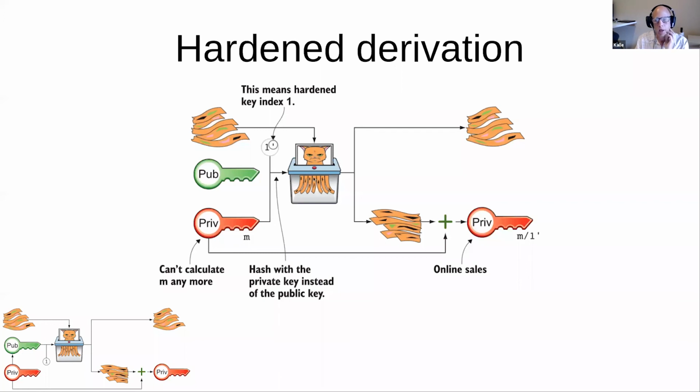And this is, of course, not the same hash that you would get in the normal child derivation. So what happens here? We take the right part and use that as the child chain code, and we take the left part and use that as a private key and add it to the parent private key, M1 hardened.